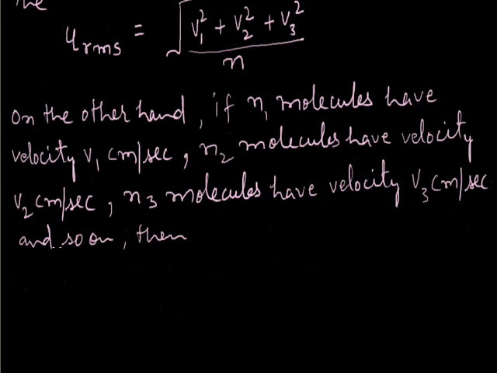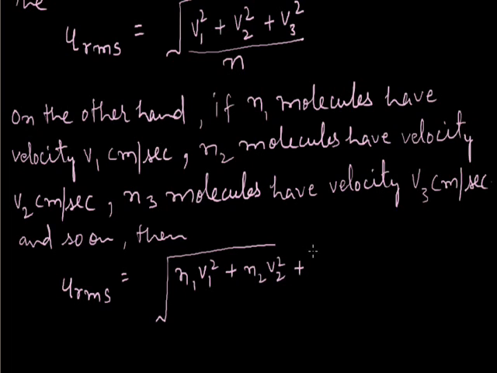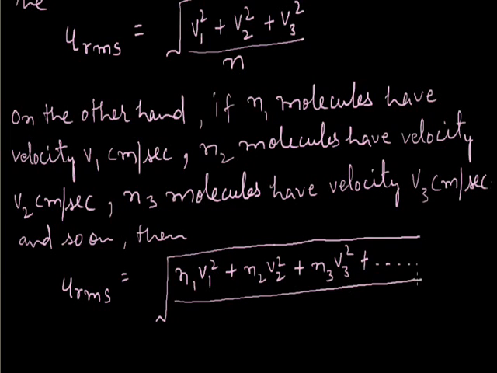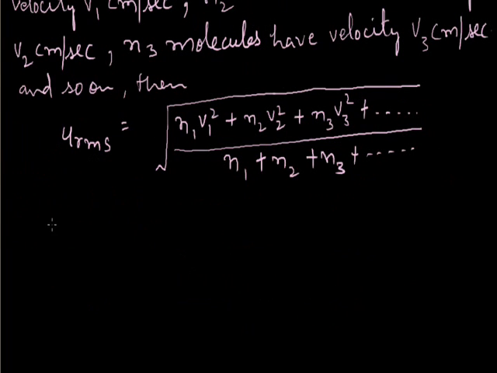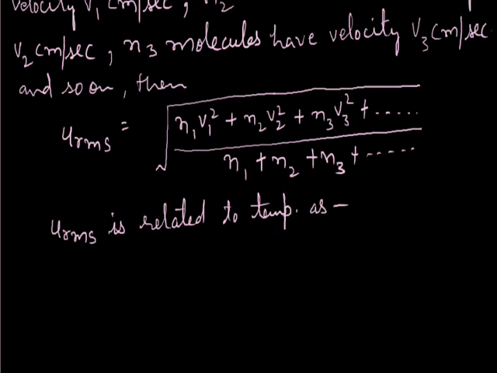Then root mean square speed u RMS equals square root of n1 v1 square plus n2 v2 square plus n3 v3 square plus so on, upon n1 plus n2 plus n3 and so on. u RMS is related to temperature as u RMS equals square root of 3RT upon M.